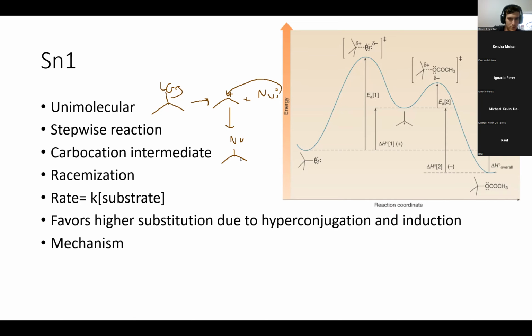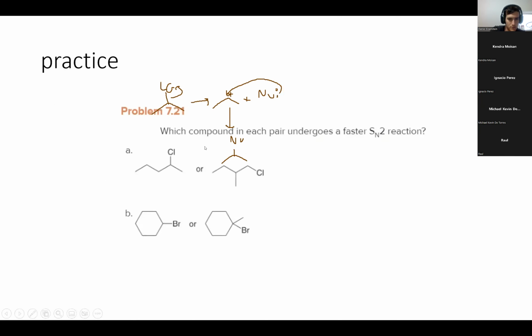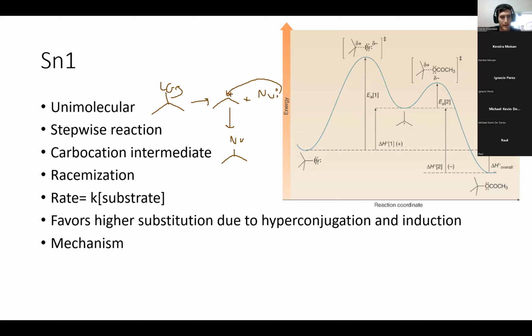All right, let me go back. Oh, I said for B, the first one is less substituted. Yeah, so you're right. So the first step in the SN1 is loss of the leaving group, which results in a carbocation intermediate. That's followed by nucleophilic attack, which results in the final product.